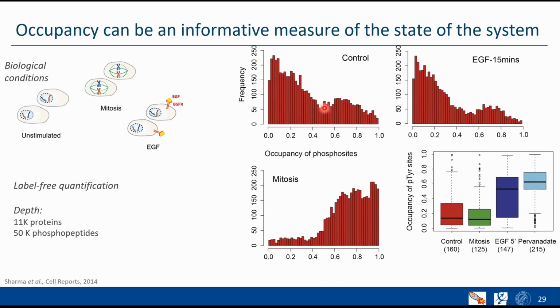In the case of mitosis, this stimulus, you can really see how it's going up and how everything is drastically shifting. It was found that the key phosphosites, which are known to be activated also in the EGF, could be quantified accurately using this method.